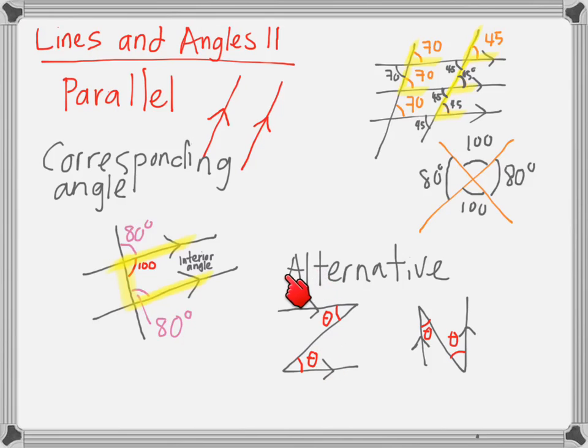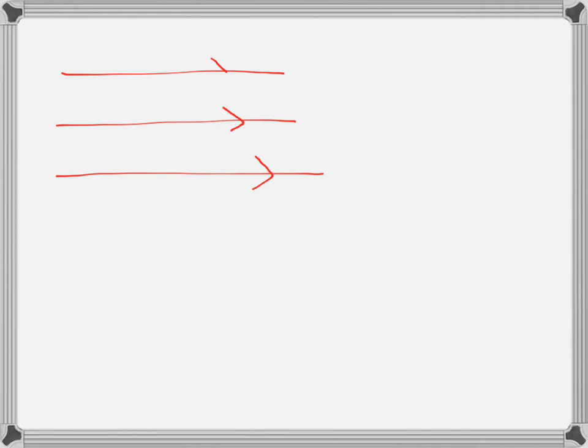Okay, for example, let's go to the next page. We got one line, two lines, three lines. Assume they are parallel. And then I have one line over here.